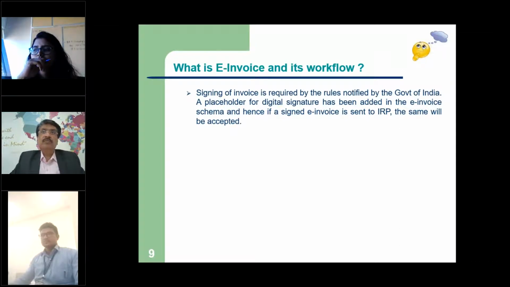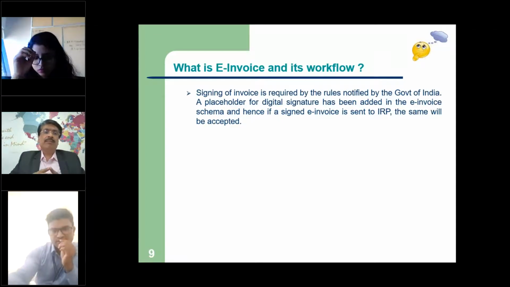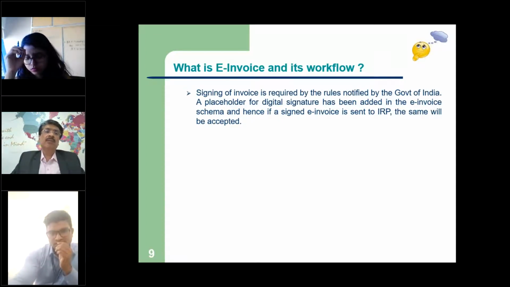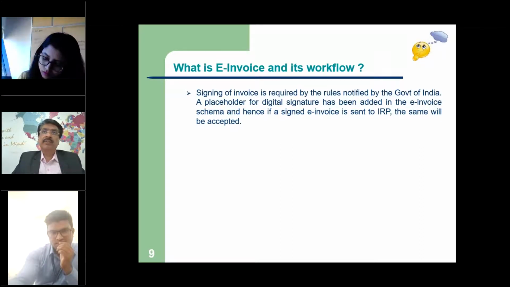So here this is an option which is given to the dealer of generating a full-fledged e-invoice from the invoice registration portal itself. Here, integrating the systems, the number of fields, because every business would have different types of fields in the invoices generated by them.